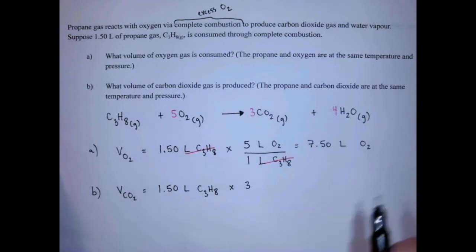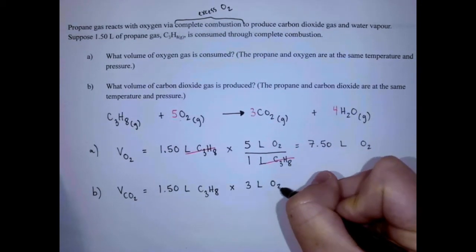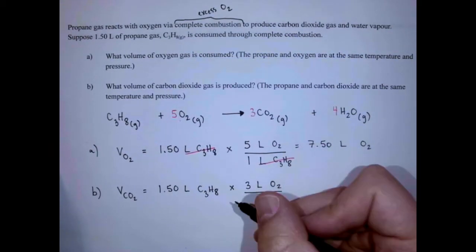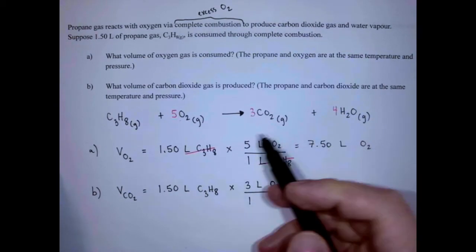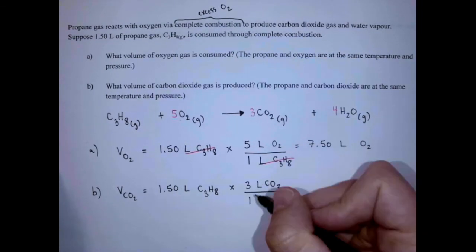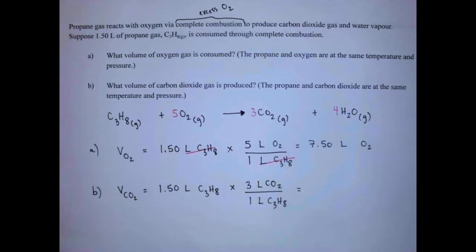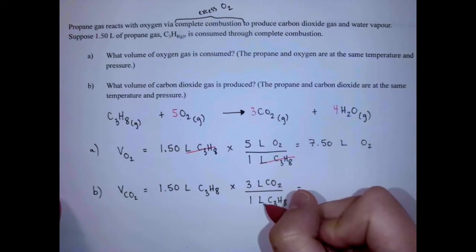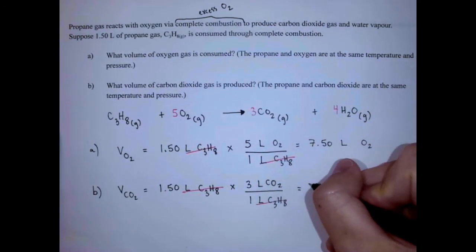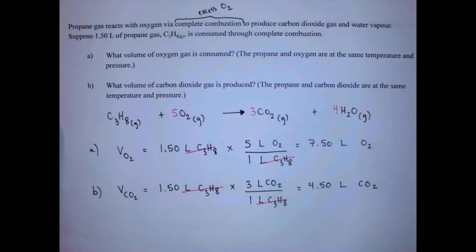Since these are occurring at the same temperature and pressure, I can use Avogadro's law to say here that equal volumes have the same number of moles. So what this means, 3 liters of CO2 per every 1 liter of propane. There we go. So it's the same kind of thing. Liters of propane will cancel out, and my final answer will be liters of CO2. So I get 4.5 liters of CO2.